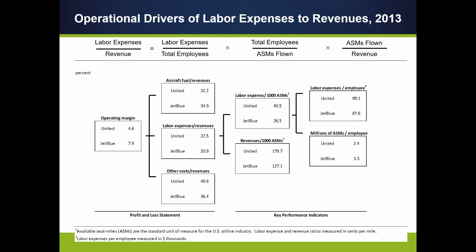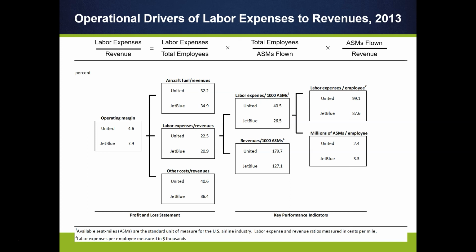And what this might point out to us is that this is just a factor of because they're paying them more. Right? So JetBlue is spending a little more than half what United is in terms of labor costs to fly the same number of seats, the same distance.